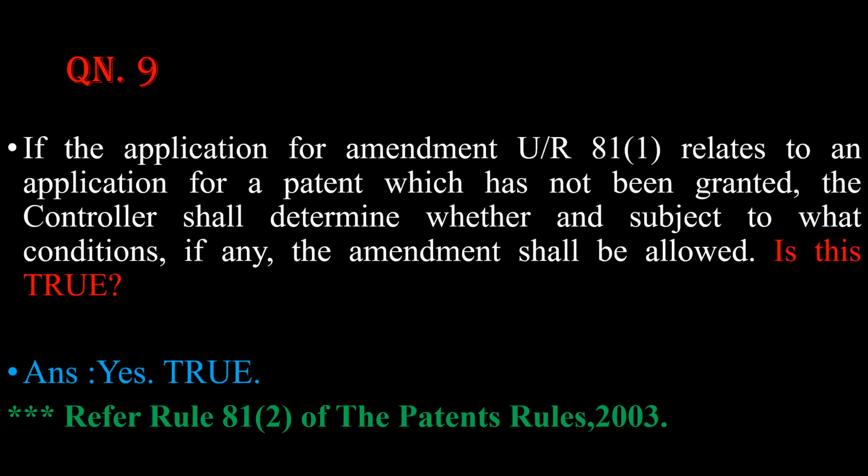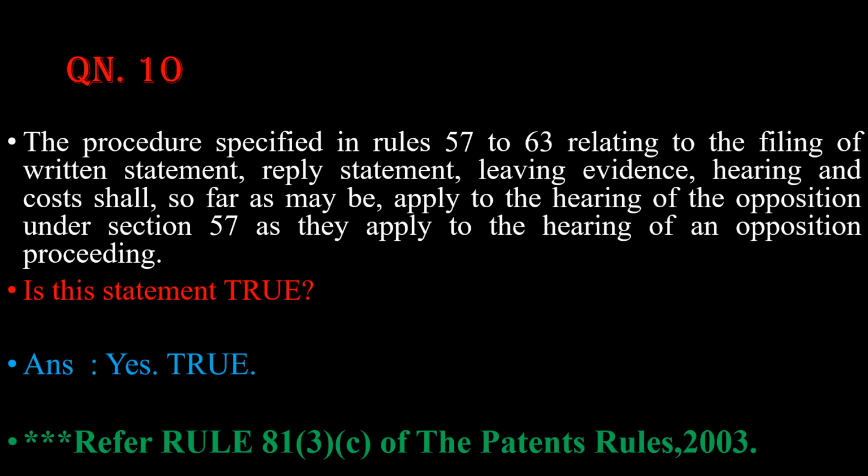If the application for amendment under Rule 81 sub Rule 1 relates to an application for a patent which has not been granted, the controller shall determine whether and subject to what condition, if any, the amendment shall be allowed or not. This is a criteria, this is a situation. So is this statement true? Yes, the answer is 100% true. So to be 100% sure of your answer, please refer rule number 81 sub rule 2 of the Patents Rules 2003.